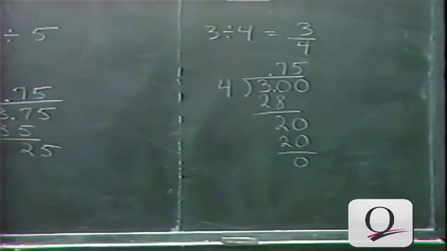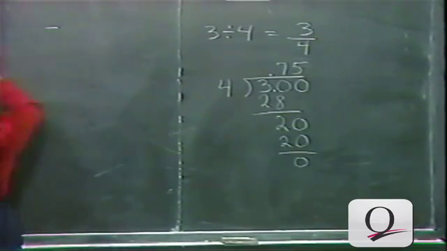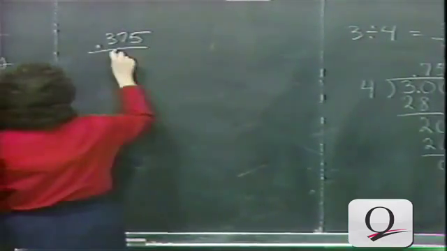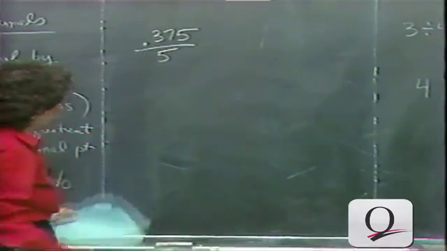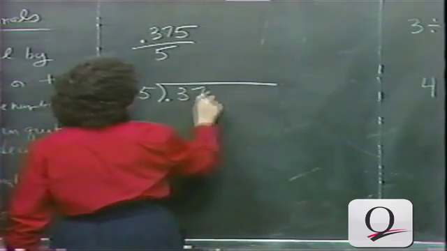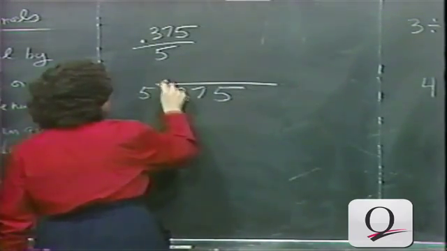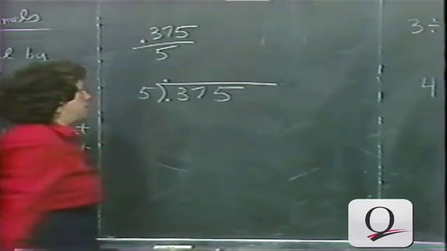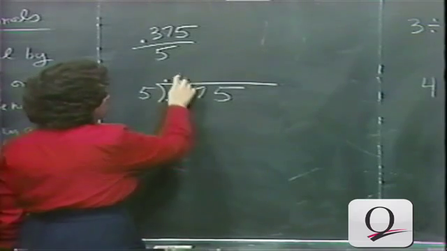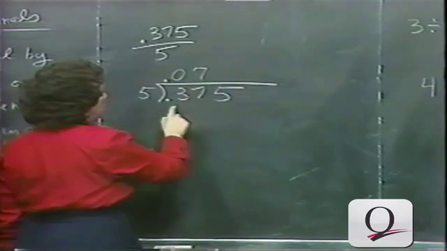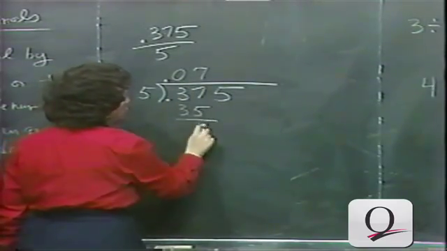Let's try another example. Suppose it was 0.375 divided by 5. It has to be 5 into 0.375. Put the decimal point there, directly over the place in the dividend. 5 into 3 goes 0. 5 into 37, 7. 5 times 7 is 35.